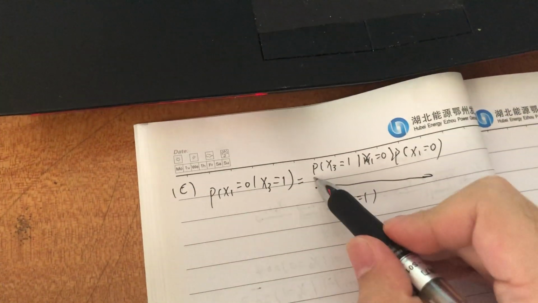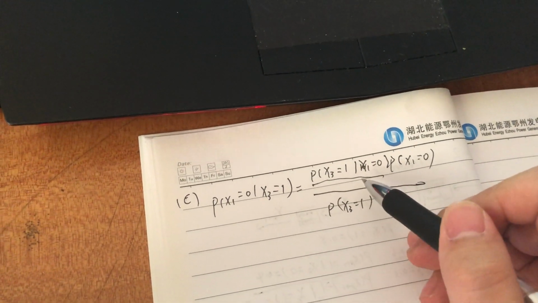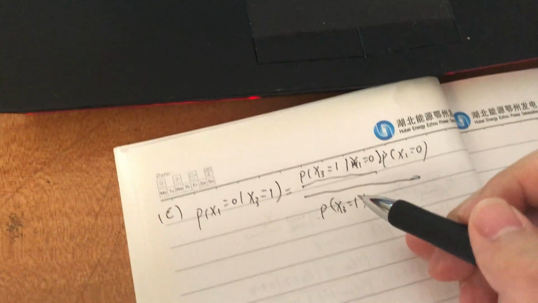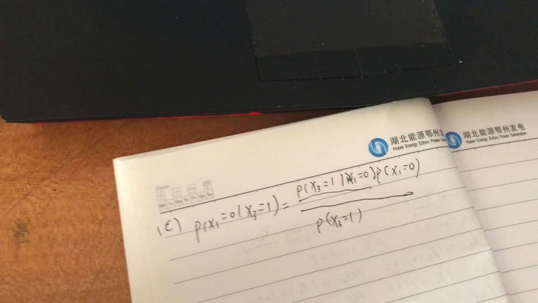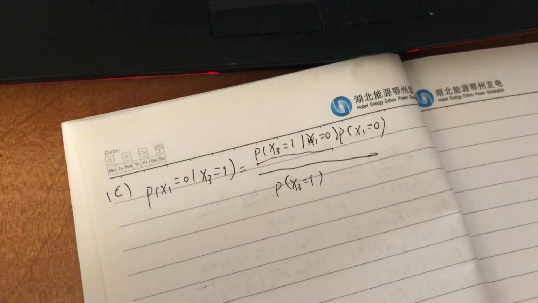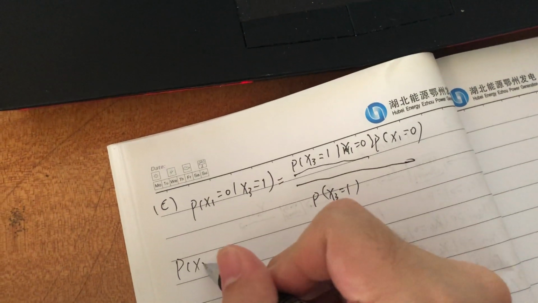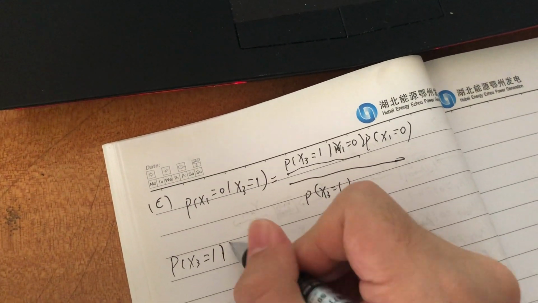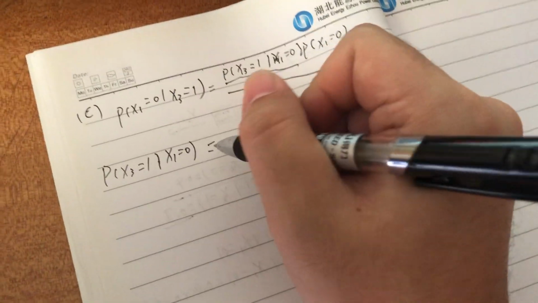But we don't know the probability x3 equal to 1 when x1 equal to 0. So we can use the previous function, like for the situations.